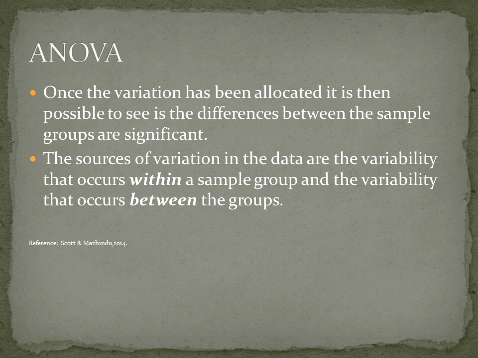The sources of variation in the data basically are the variabilities that occur within a sample group and the variability that occurs between the groups that we're talking about. I italicized the within and between because, think of your groups, and you'll see I put a little diagram in coming up.